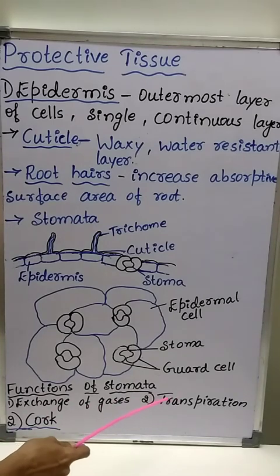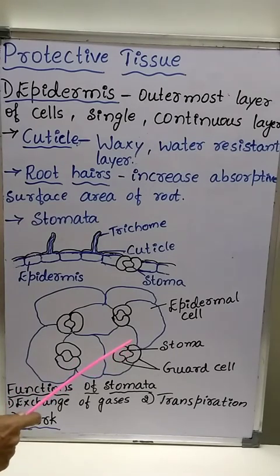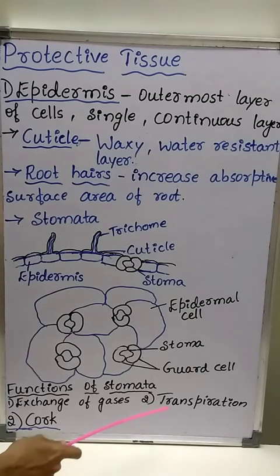This is important. Loss of water in the form of water vapor through stomata from aerial parts of the plant is called transpiration, and transpiration occurs through the stomata.